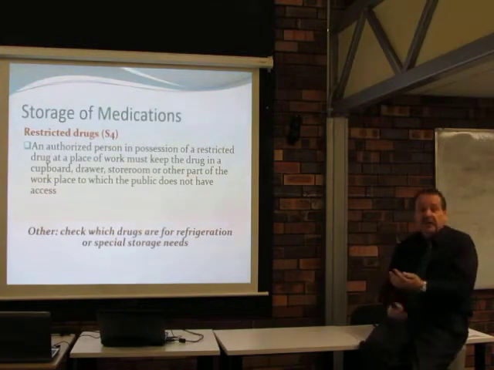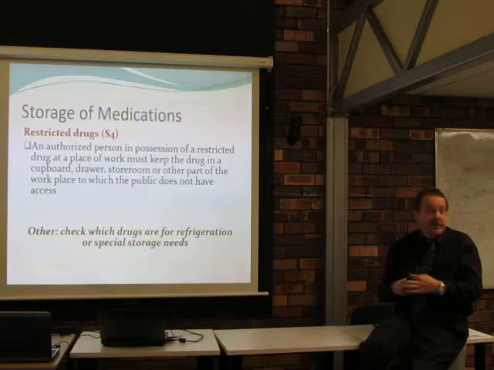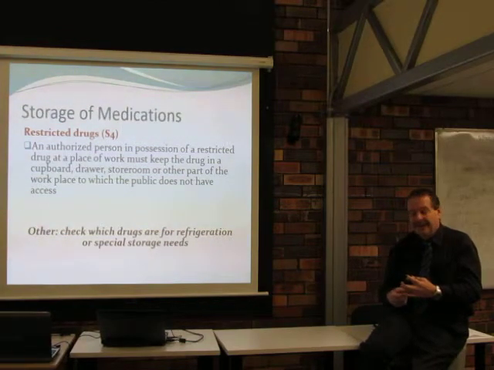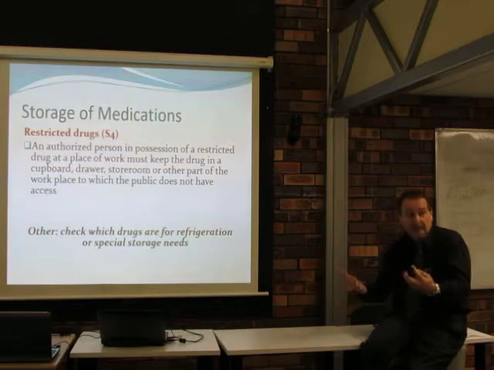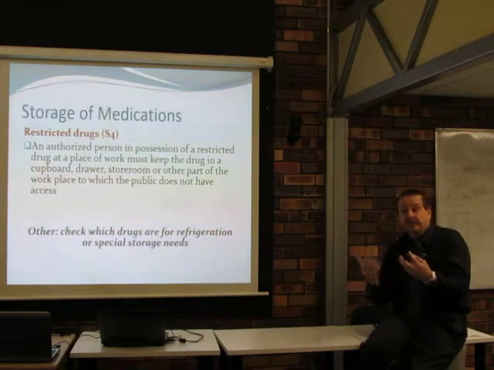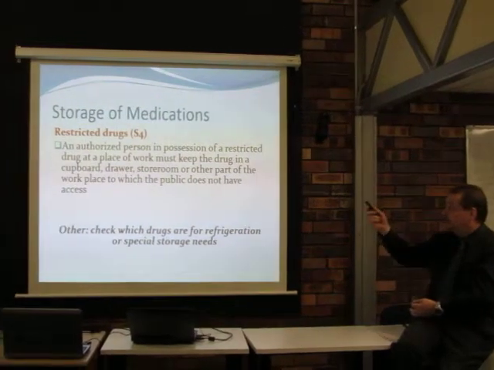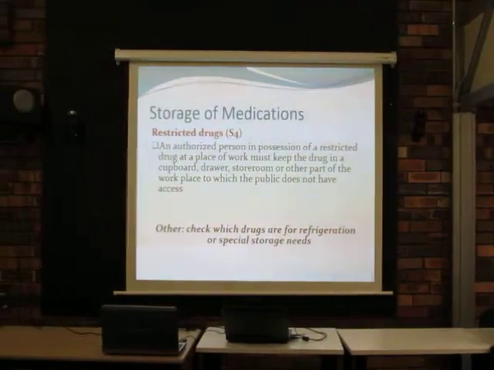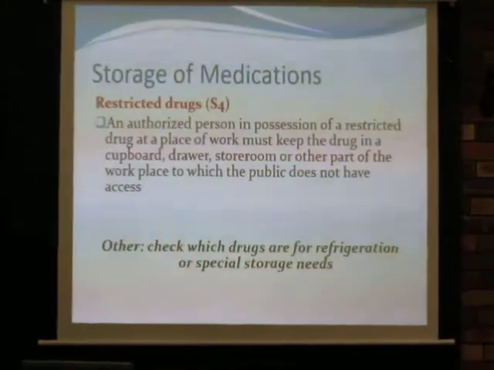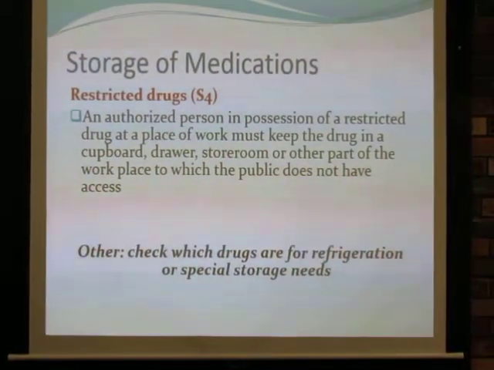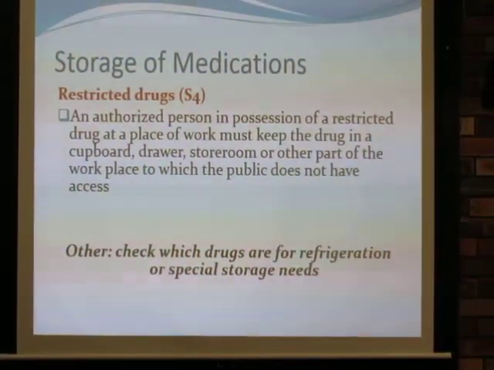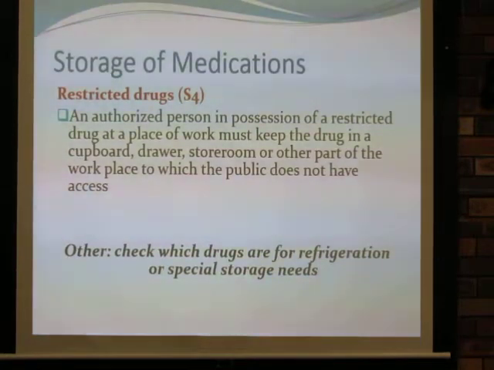Storage of medications is really important, because if we don't store the medications properly, other than the fact that they can get stolen and misused, storage can affect how effective the drug works. So S4: an authorised person in possession of a restricted drug at a place of work must keep the drug in a cupboard, drawer or storeroom or other part of the workplace to which the public doesn't have access.